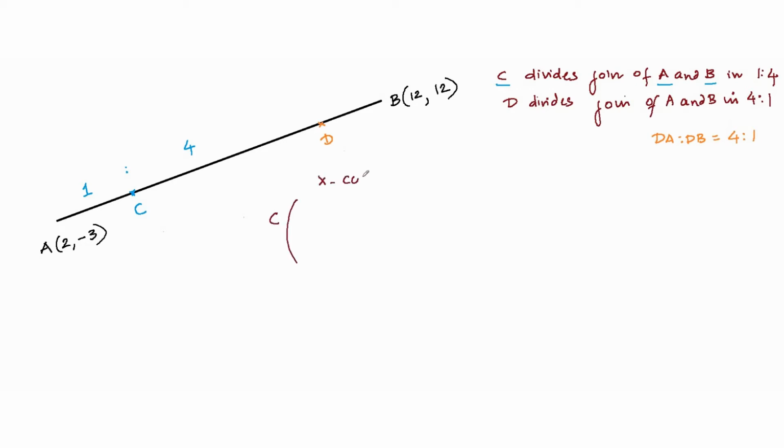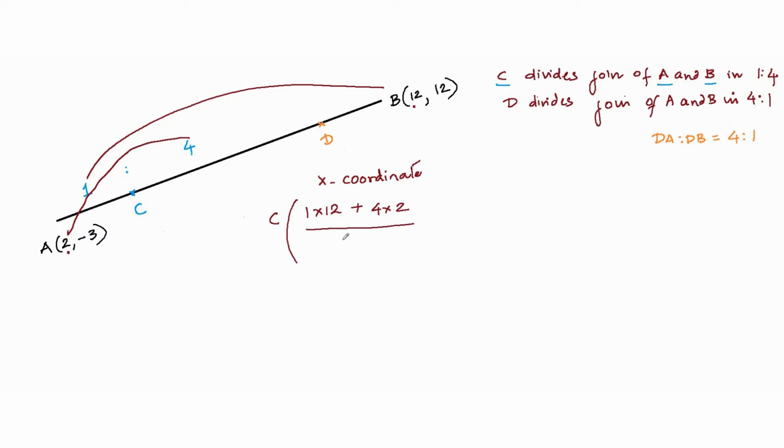Let us first find the x coordinate. For finding the x coordinate, let us pick the x coordinates of A and B and let us have a cross coupling effect. So 1 multiplied by 12 plus 4 multiplied by 2 divided by 1 plus 4, comma, now let us find the y coordinate of this point C. So for finding the y coordinate, again I will take the y coordinates of A and B. So y coordinate of A is -3, the y coordinate of B is 12.